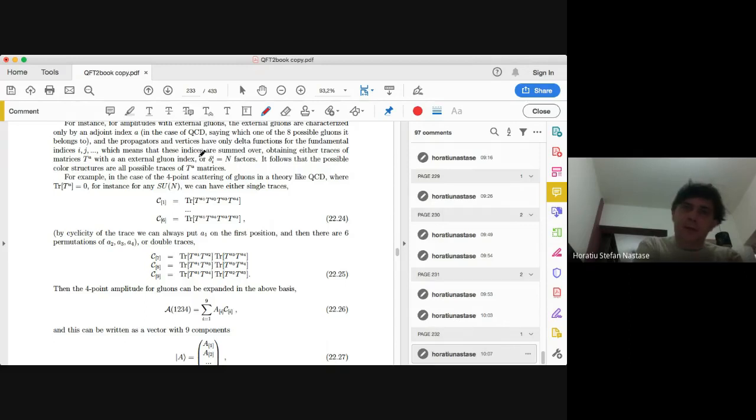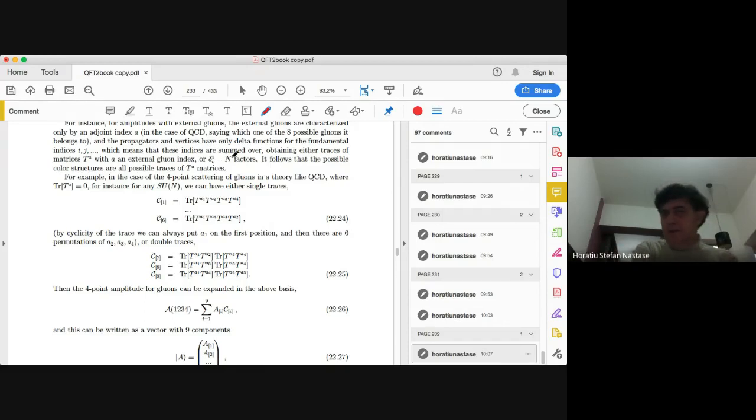So in doing the Feynman diagrams, what we will obtain will be either traces of the matrices T^A, with A being an external gluon index, or the other possibility is to obtain a delta_ij, which will correspond to a product of T^A's, and then finally a delta of initial index with final index gives the trace.